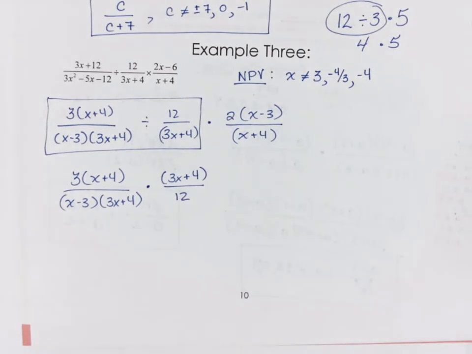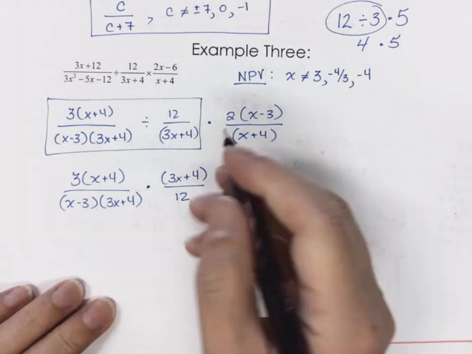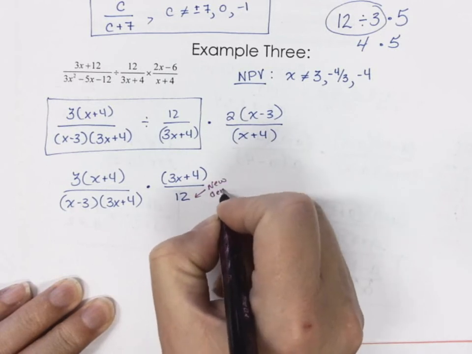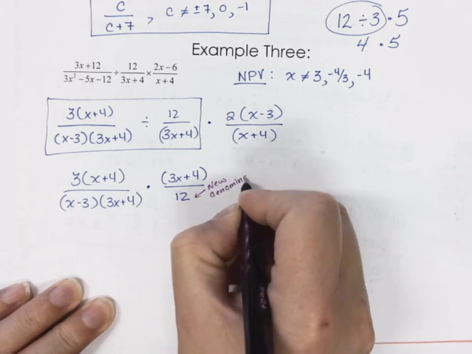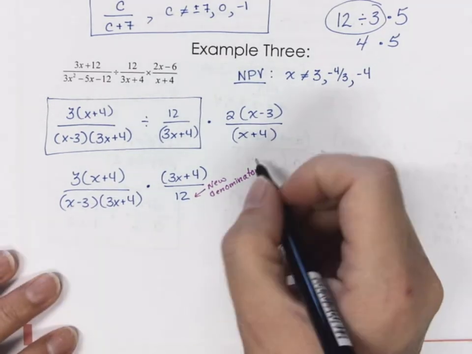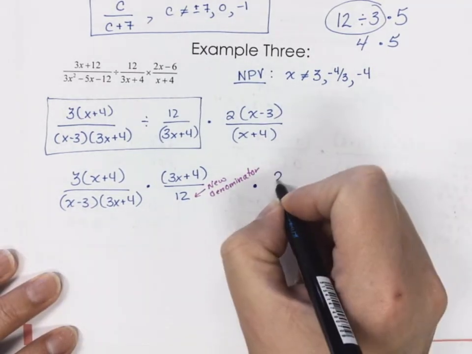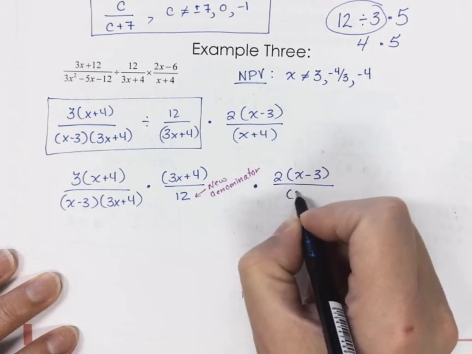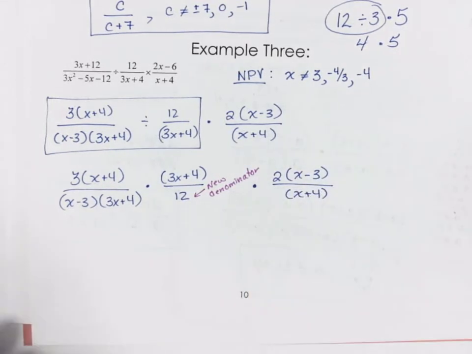I don't know where my pink marker went. I got pieces of paper everywhere. Denominator. And I still have to write down this one here, because if you forget it on this line, the lines are no longer equivalent.